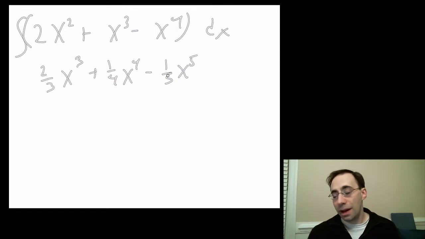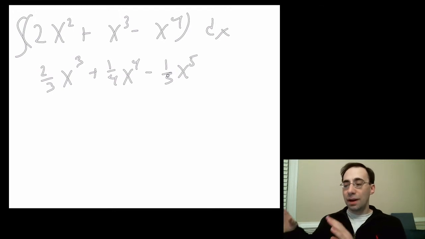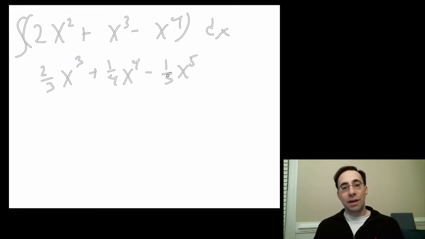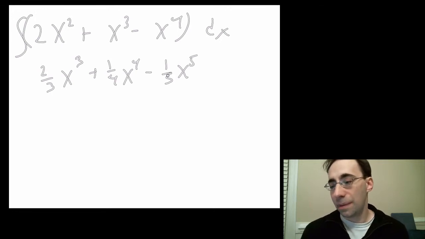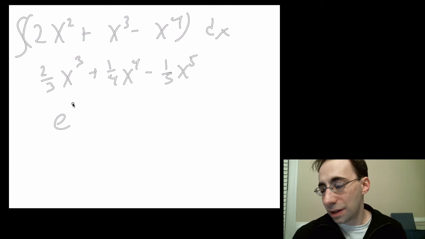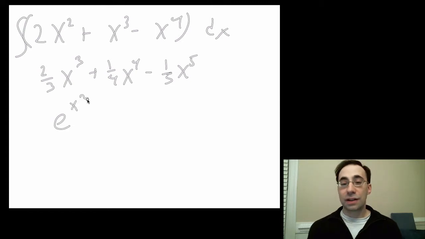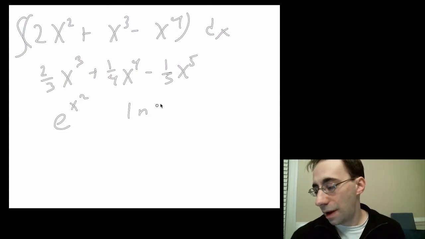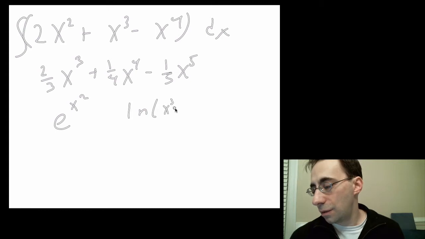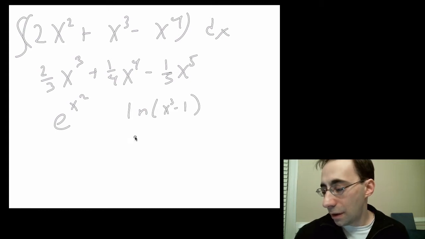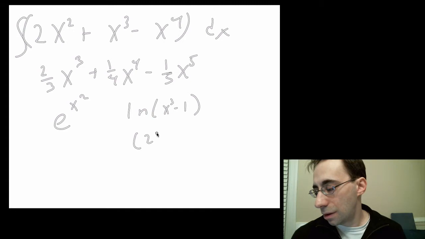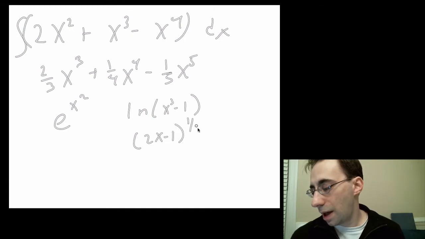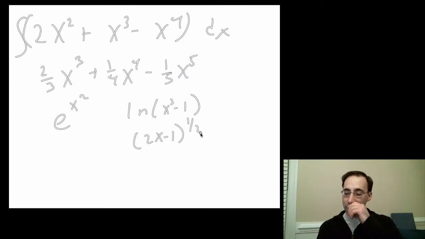That's the first step. If you can't apply the linear rule to the integrand, next look to see if you have some kind of composite function involved there. Examples we've talked about are things like e to the x squared, or the natural log of x cubed minus 1, or even something like 2x minus 1 to the 1/2, the square root of 2x minus 1.